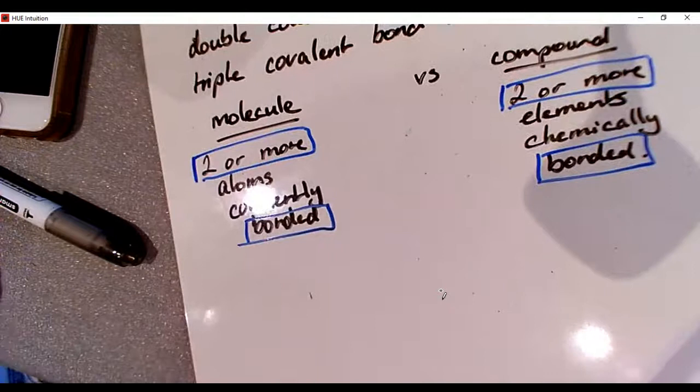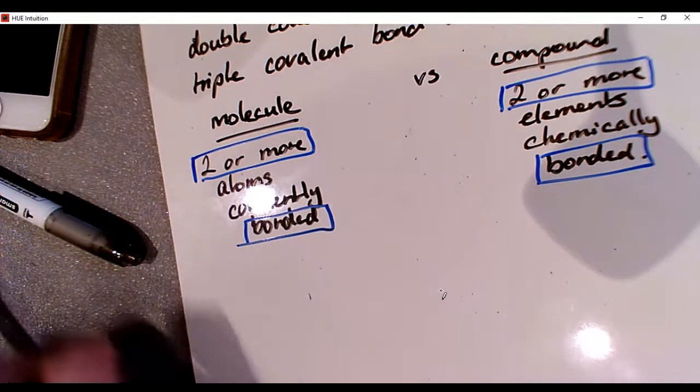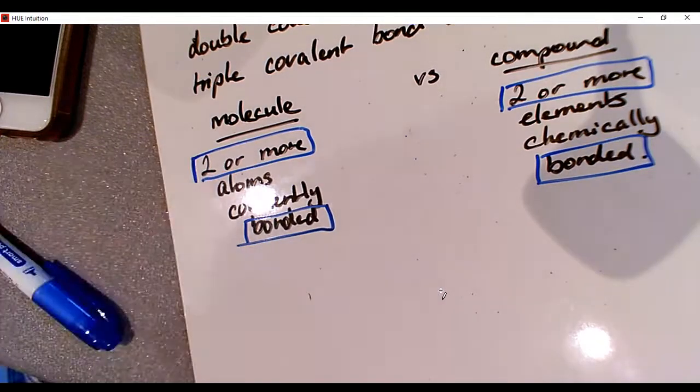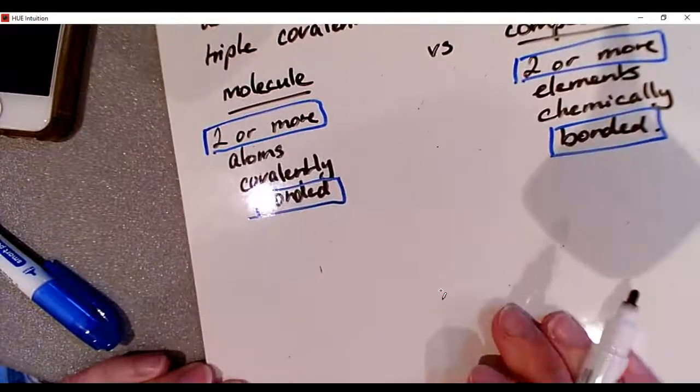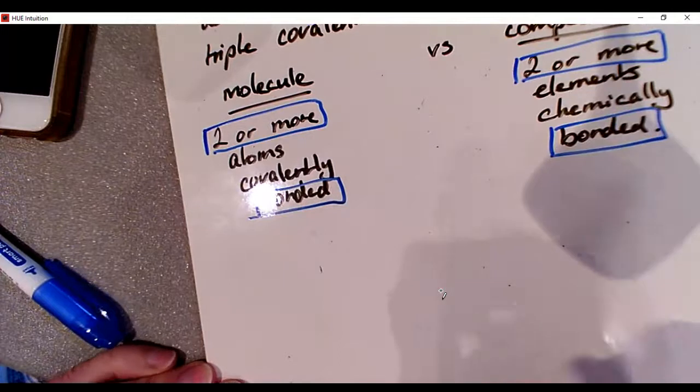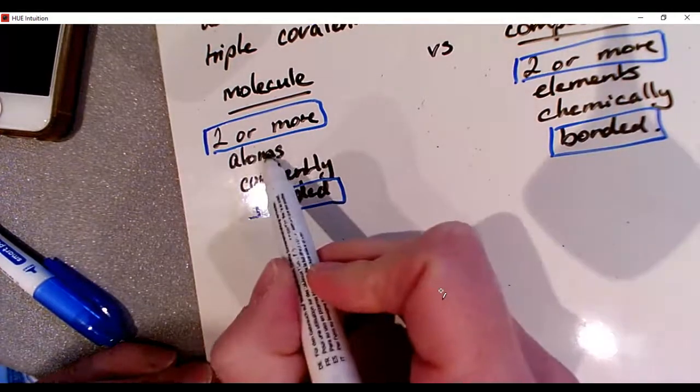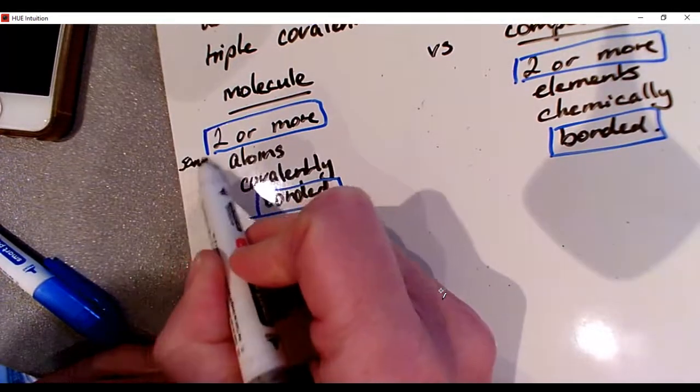Some molecules belong to compounds, but not all compounds have molecules. Not all molecules are compounds. And we'll see what I mean in a minute. So here you're talking about atoms. Remember, atoms are just bits of elements, the tiniest particle of an element you can get. These could be the same or different.